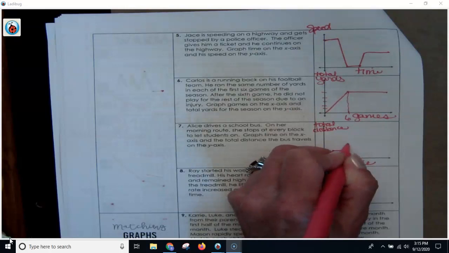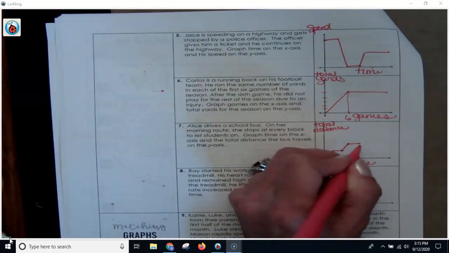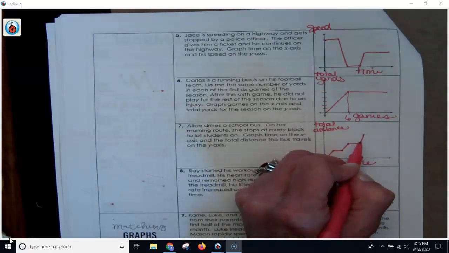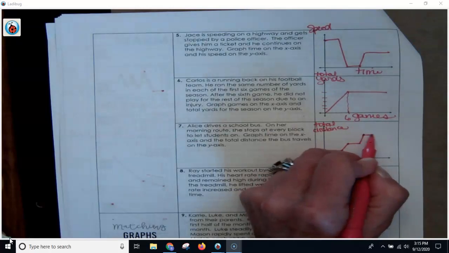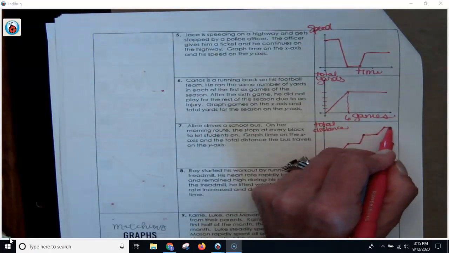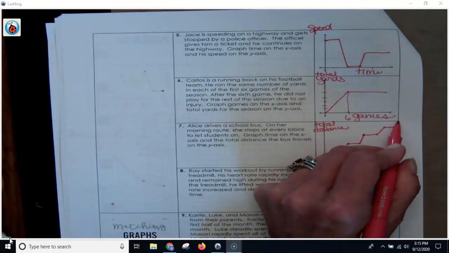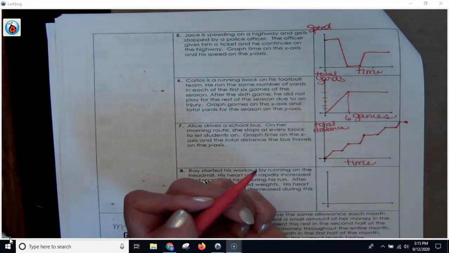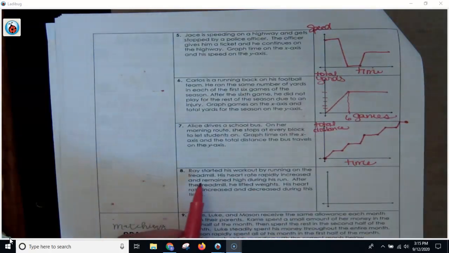Then you'd drive a little bit further, and then you'd stop, and you're not increasing your distance. Then to get to the next bus stop, you're going to have to let those sweet little kids on, and then you go further, and then let the kids on, and then eventually you get to school. All right, so that's kind of what that would look like.